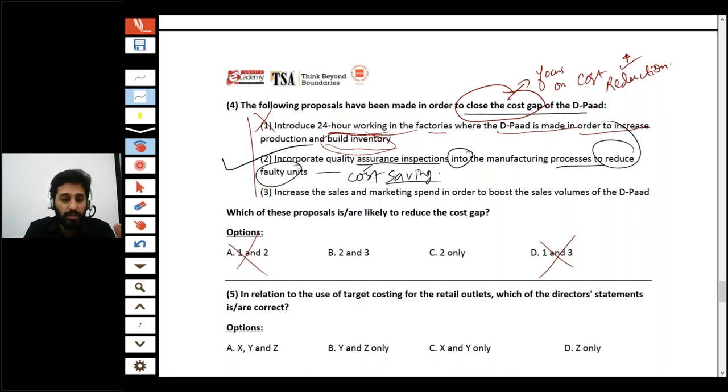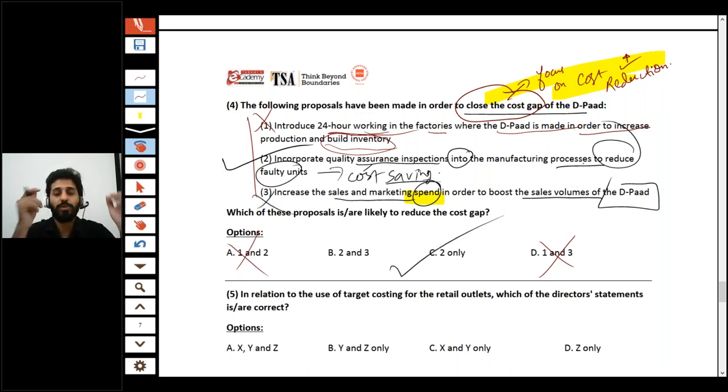Number three, increase the sale and marketing spend in order to boost the sale volume of DPAD. Come on, it is a life cycle principle. If you spend too much, but this is focusing on cost reduction, so this is not the appropriate strategy.